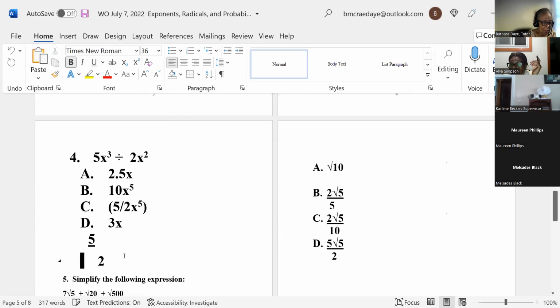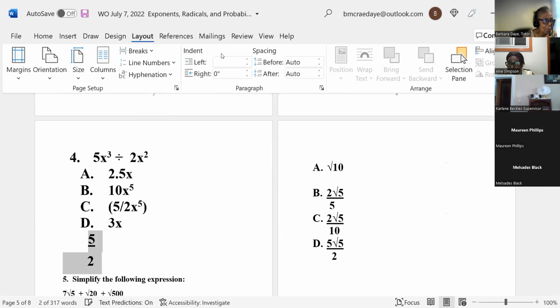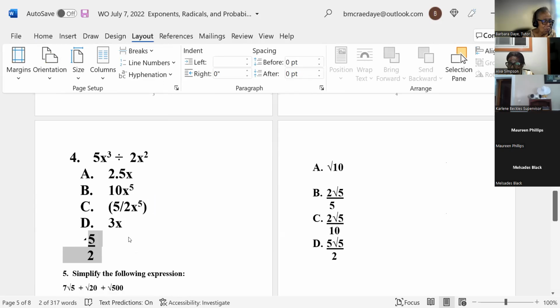The x to the 3 divided by x to the second is just x to the 1. So what you really have is this whole expression times x. You understand why we have x?